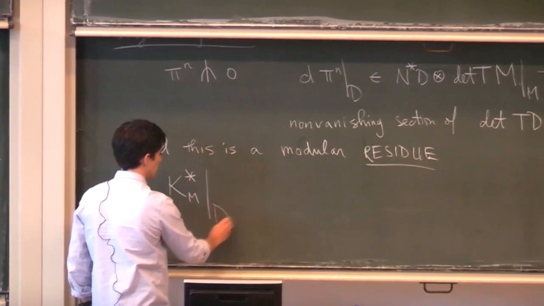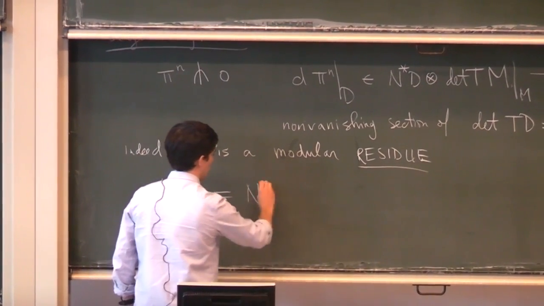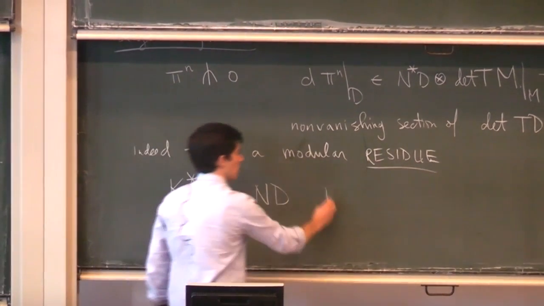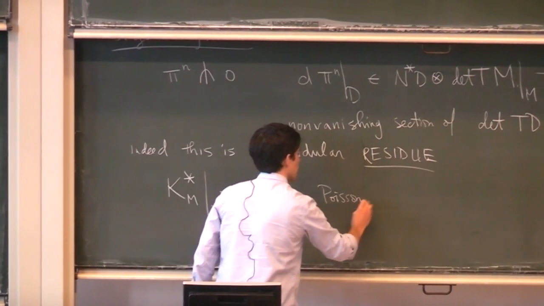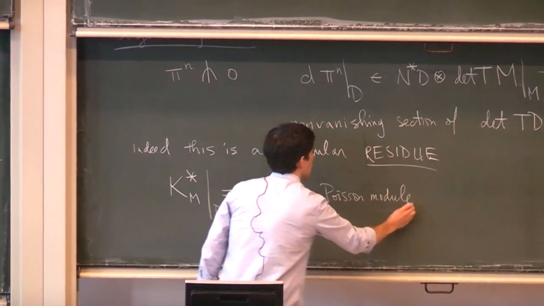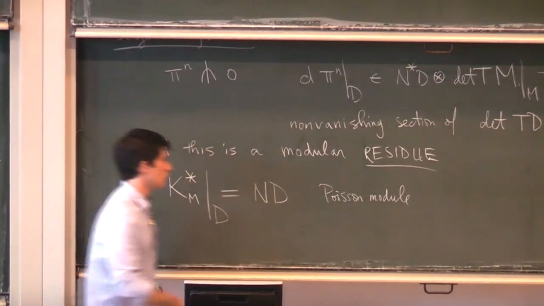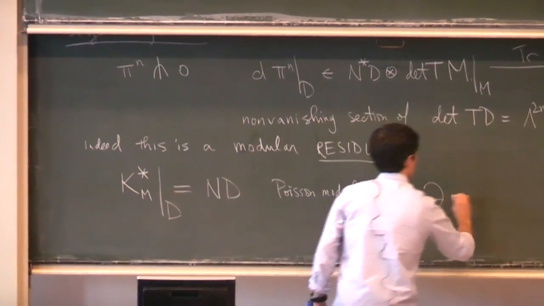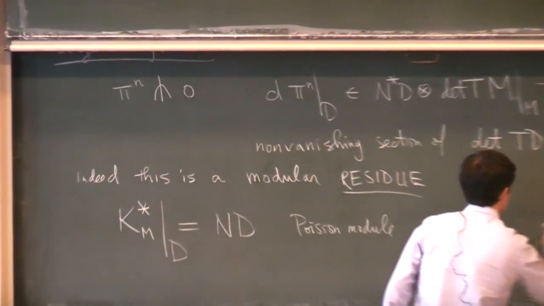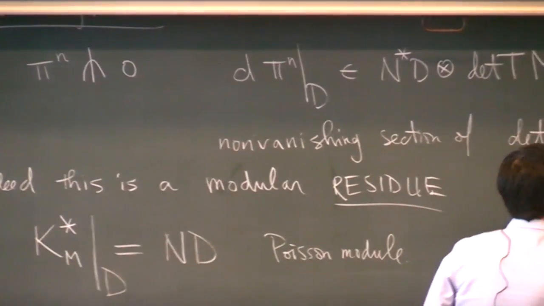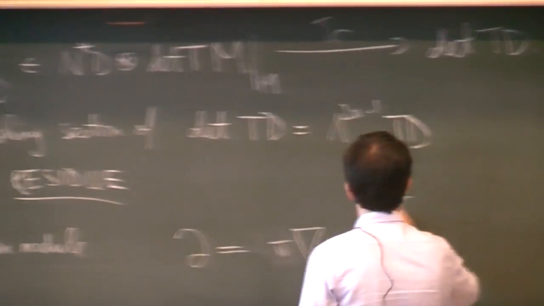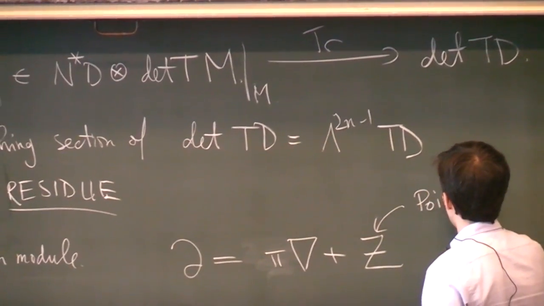If we restrict it to D, this coincides with the normal bundle of D, and this is still a Poisson module. This is also just a real line bundle, so I can choose a flat connection. If I choose a flat connection, out pops a Poisson vector field.